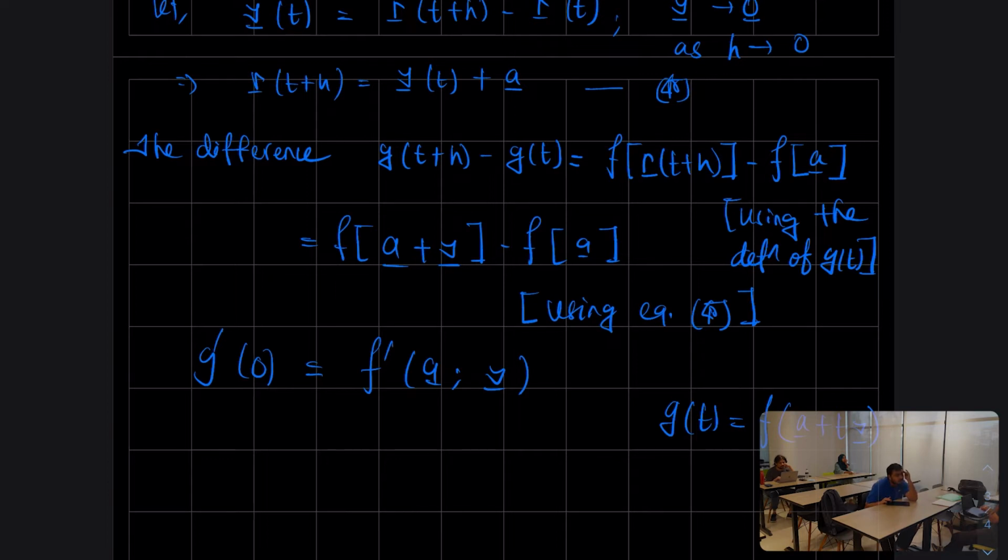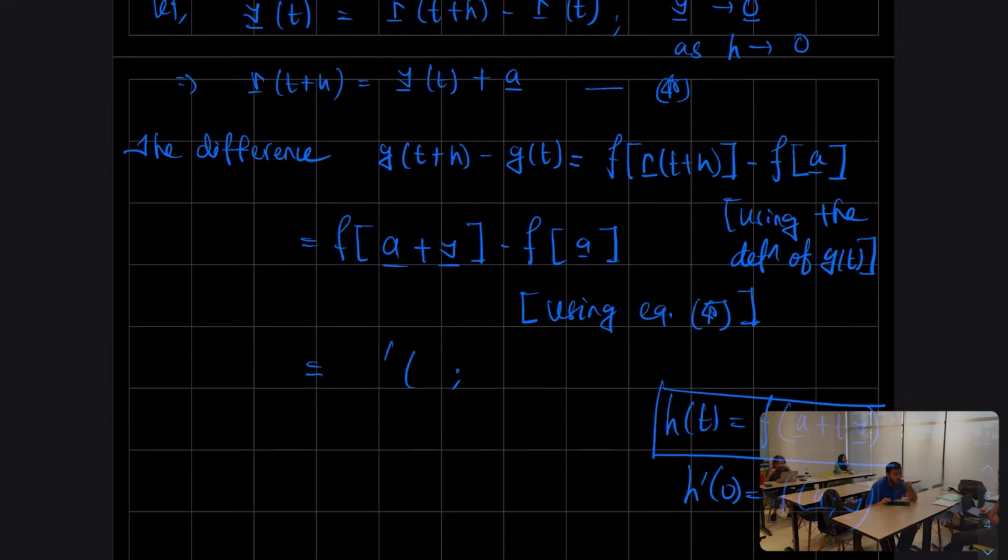If I call this h, the construction goes through, no? Then h prime of 0 would be f of a with respect to y. It should go through. We just need another open interval, not t, but something else. Let's call it theta, like we have used. We can just use this parameter here and apply this.